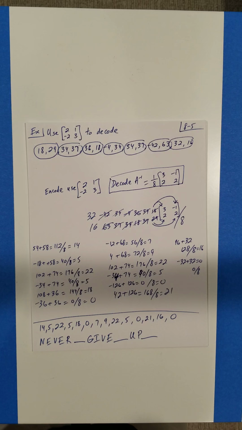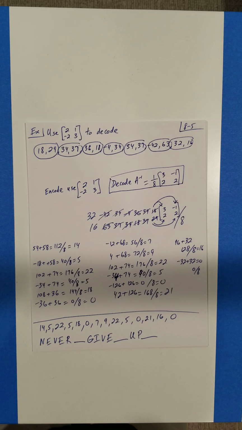Again, multiply. 34 times 3 is 102, and 37 times 2 is 74. When I add, I get 176. Remember to divide by 8. So I get 22.